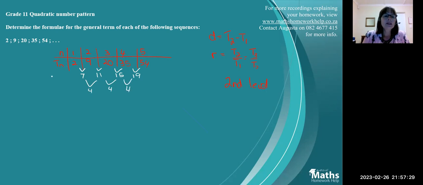So when I do this, I write down my formula as follows. 2a is equal to the second difference, and this you must memorize. It's not on the formula sheet. 3a plus b is equal to the first difference. a plus b plus c is equal to the first term.